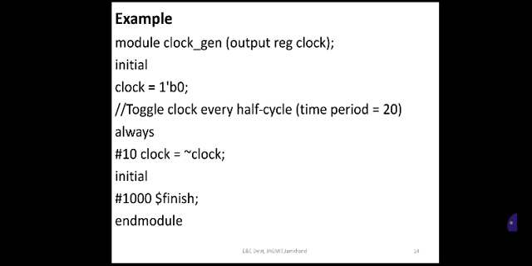So to end the clock pulse, what is done? See here, again we have initialized an initial block, #1000 time units. So after 1000 time units, the system task is used, that is $finish. This forcibly terminates the simulation.